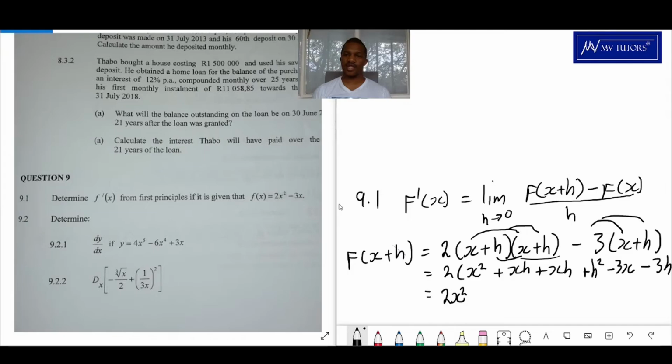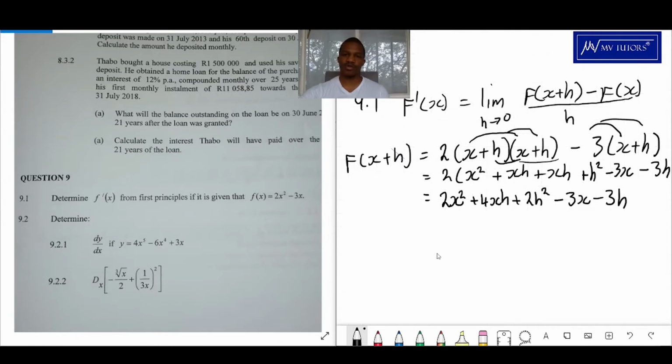So x plus h plus x plus h is 2xh, and then times this 2 that's outside is going to give me 4xh, and then this one is going to be plus 2h squared, and then this one once again minus 3x minus 3h, just like that. Let's give ourselves some more space. I need some more space to write. Okay, there we go.